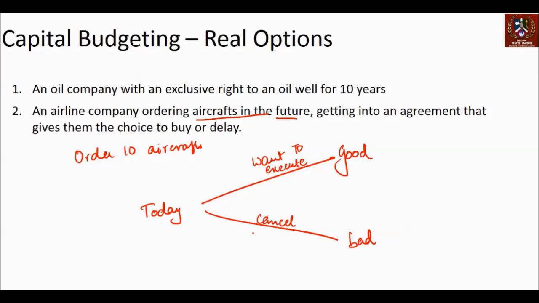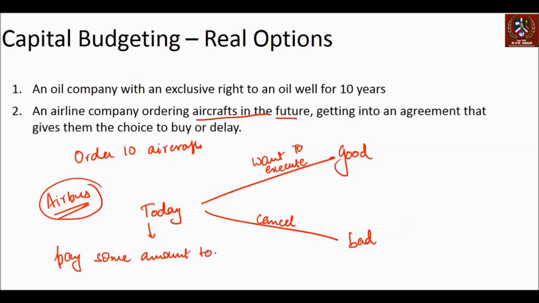Now, obviously, that doesn't work in real life because you have to go and talk to the party that is giving you the aircraft, right? So there could be a company like Airbus that is giving you these aircrafts. What could happen is that this airline company could enter into an agreement with Airbus and say we pay some amount today to get this option, right?